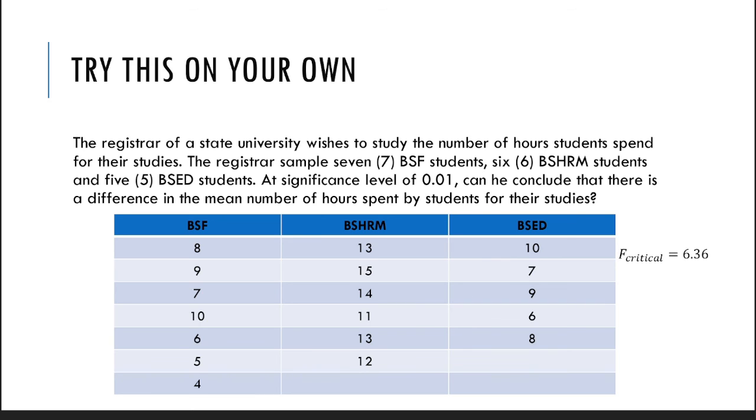And the registrar has a sample of 7 BSF students, 6 BSHRM students, and 5 BSEd students. At significance level of 0.01, and he concluded that there is a significant difference between the mean number of hours spent by students for their studies.